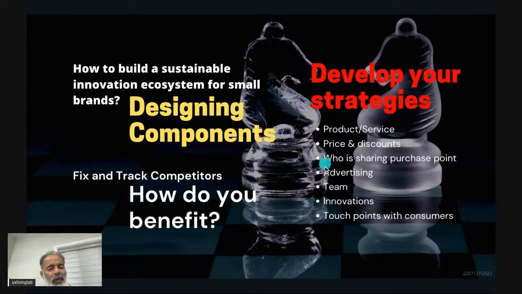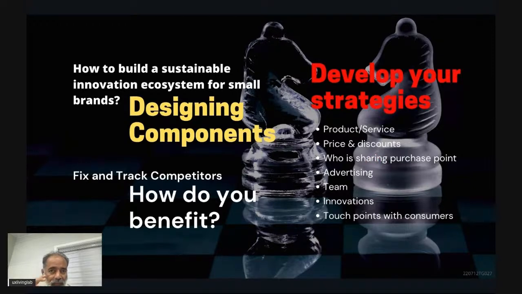All the components we are talking about that you are tracking are the ingredients for developing your strategies: whom to compete with, how to place, what your next product should be, what discount you have to offer. So finalize the strategies based on the information you are concluding.